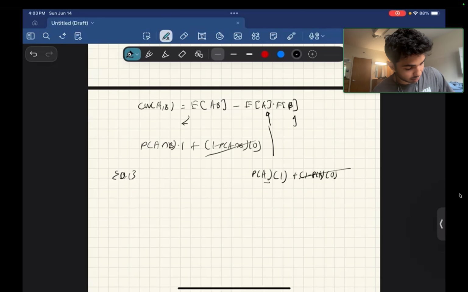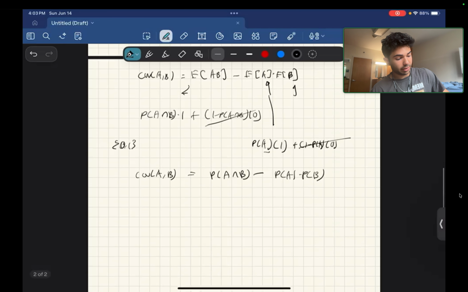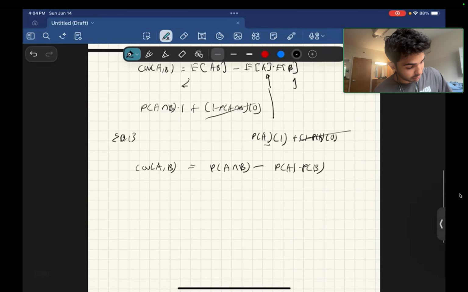So we can say the covariance of A and B is the probability of A and B minus the probability of A times the probability of B. Probability of A and B could have been, we said, 0.3 minus 0.5 times 0.3.